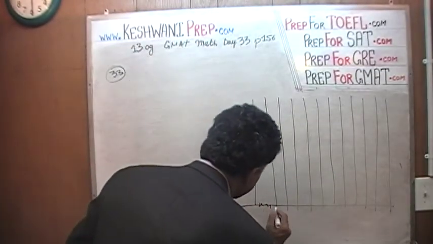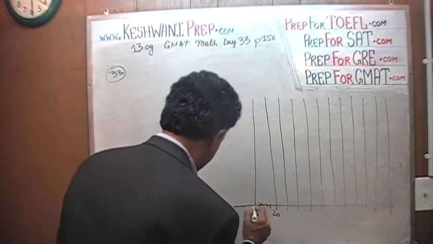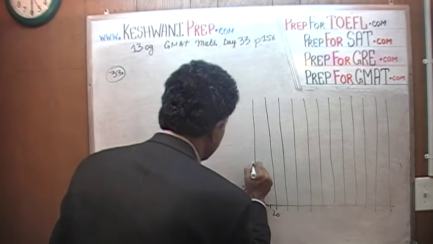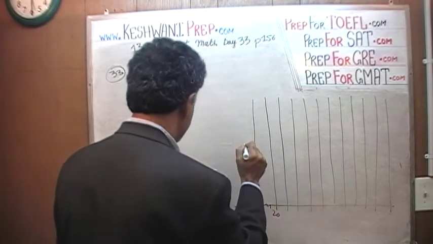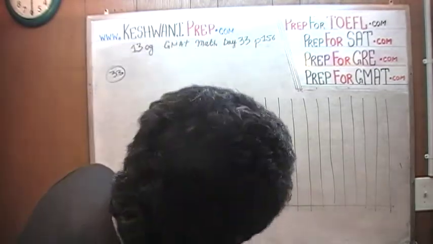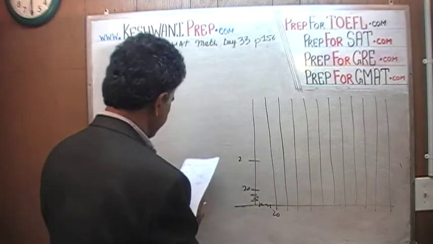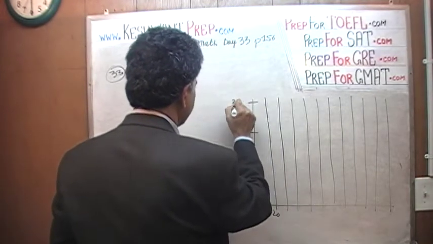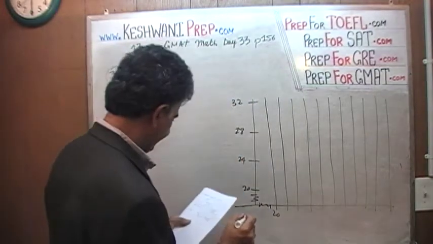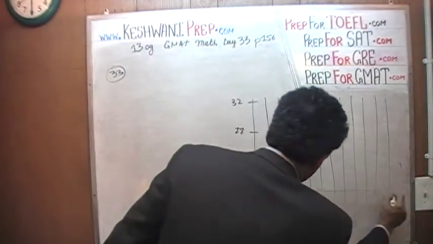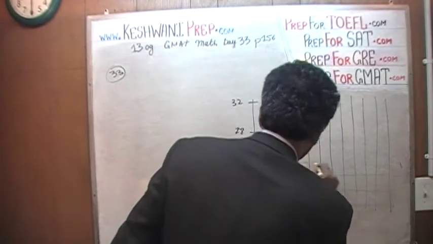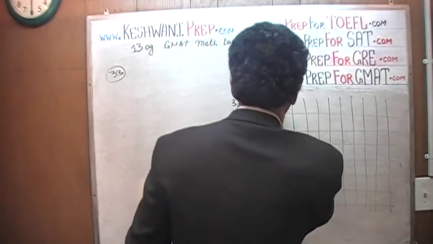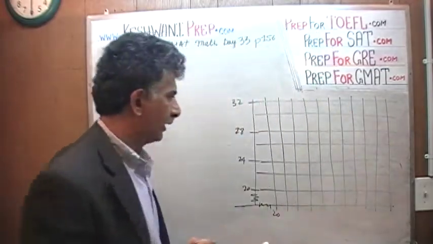It starts out with 20 here, and it starts out with 20 here. Then we have 24. Then they give you 28. Then they give us 32. That's it. Now we have our grid.